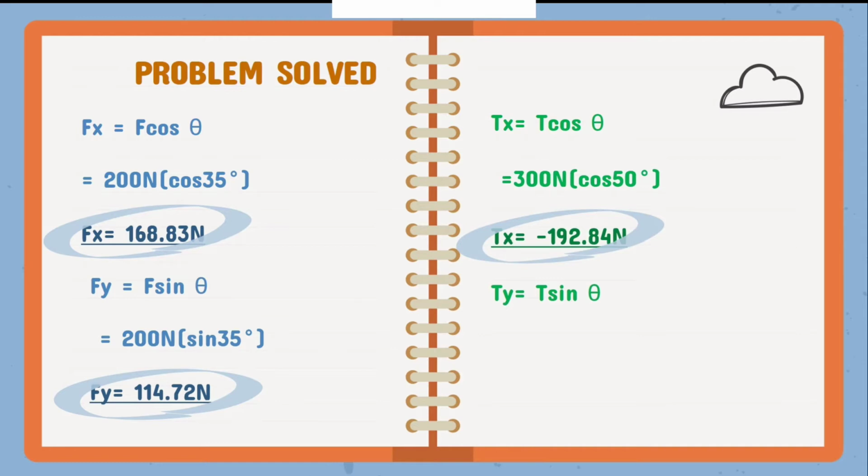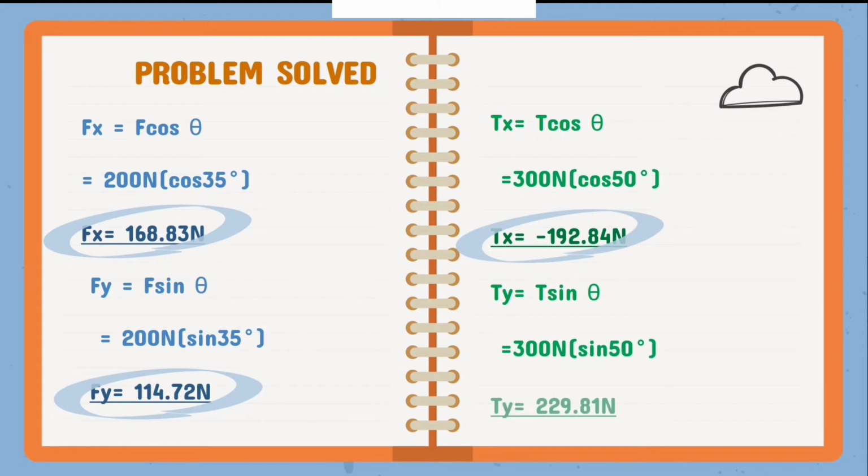When it is in the right corner, it will be positive. Ty is T sine theta, or 300 Newton multiplied by sine of 50 degrees, is equal to 229.81 Newton, and positive because it is upward in y.